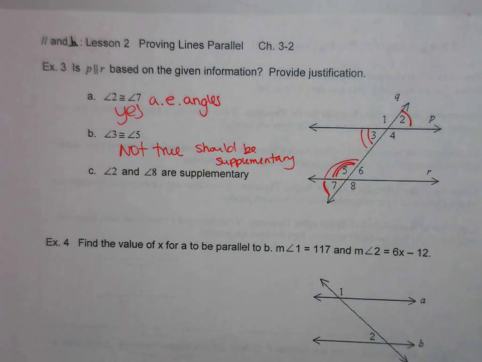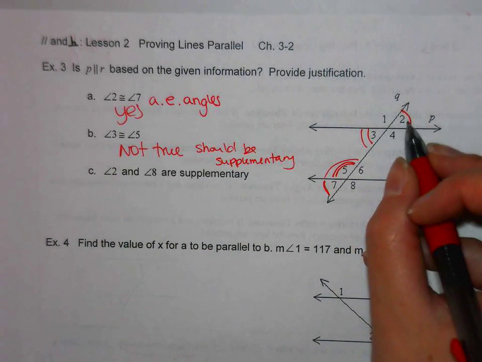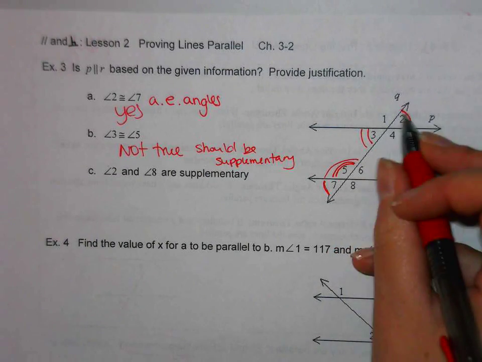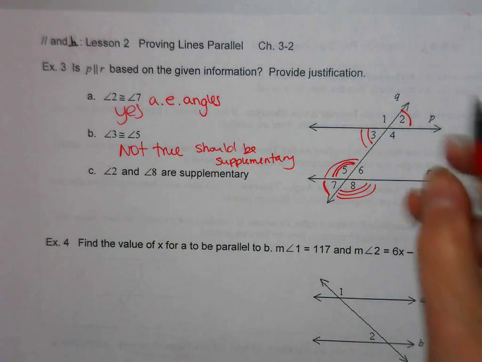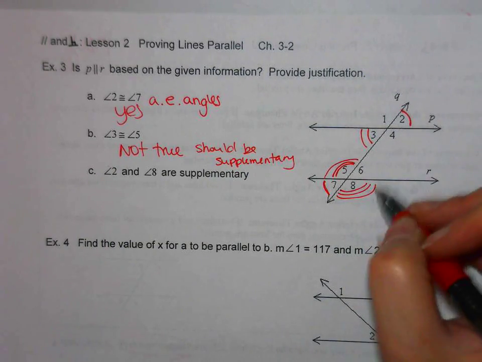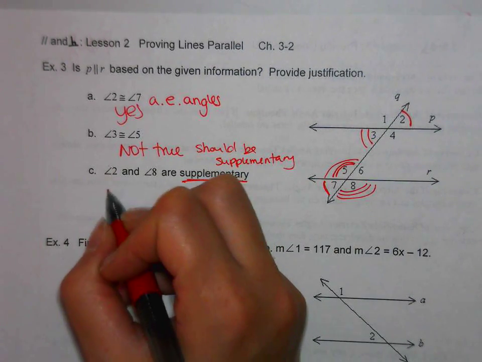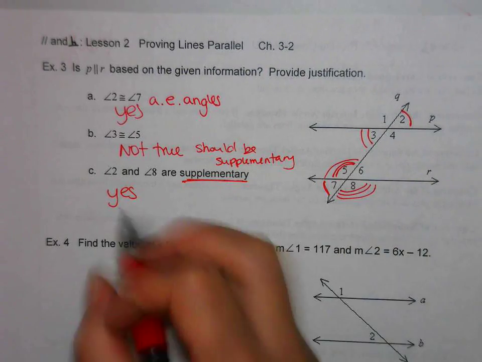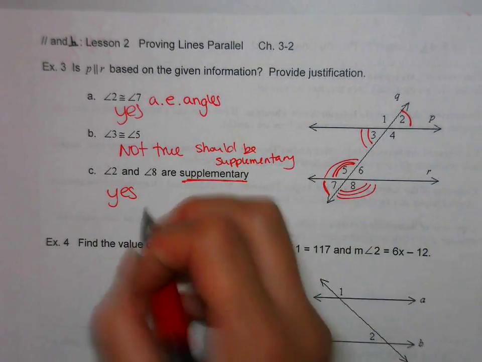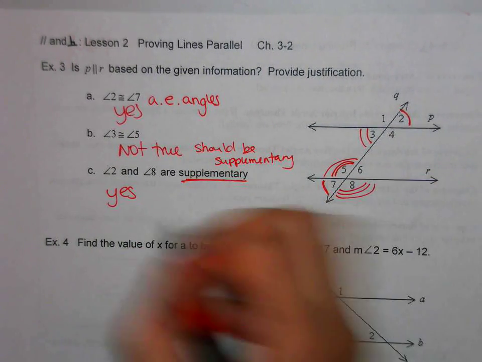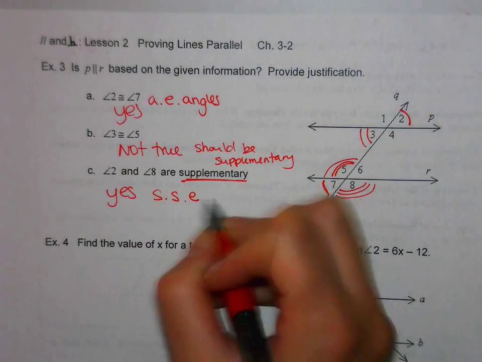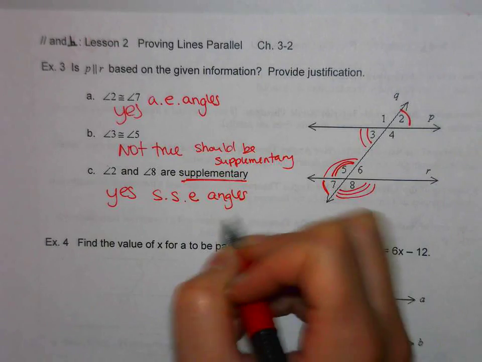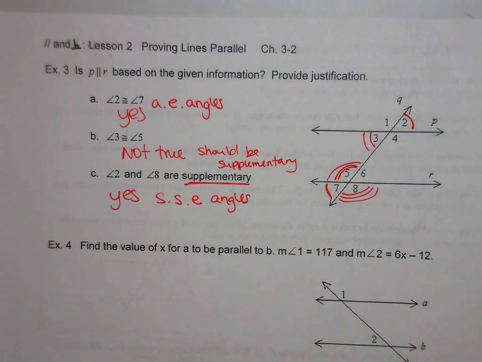Then if we look at angle 2 and angle 8, they are supplementary, which is a yes. So P and R are parallel, because angle 2 and angle 8 are same side exterior angles, and based on the converse of same side exterior angles, we know that they are supplementary.